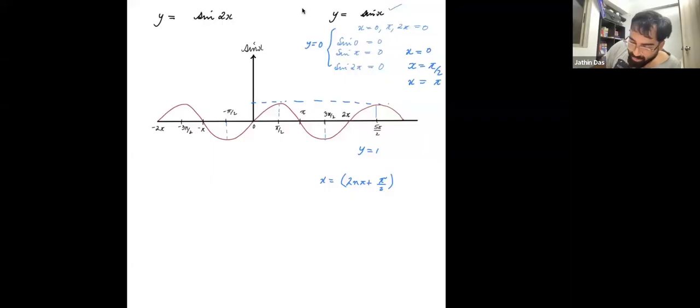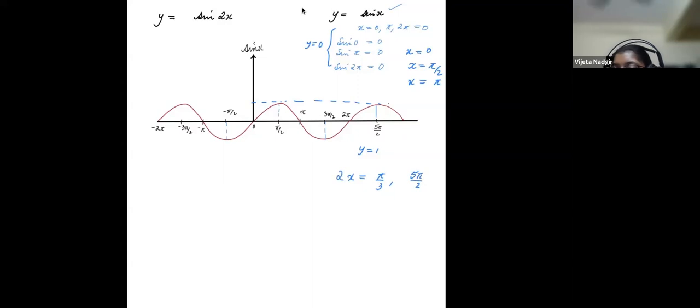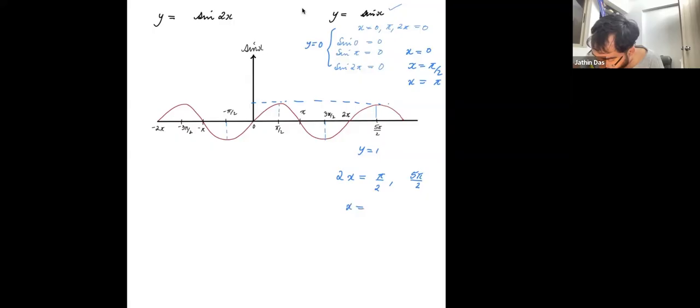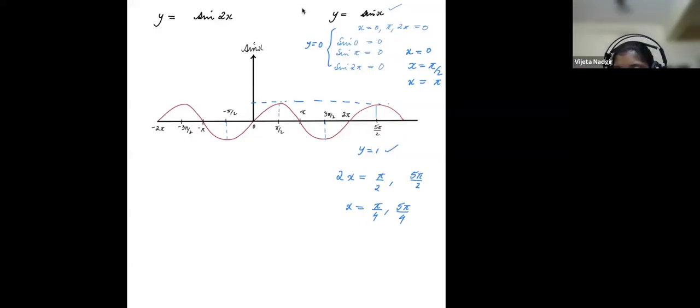Now here I'll take the exact values only. When it was getting 1, x is equal to pi by 2, then you have 5 pi by 2 and so on. Correct? So at x is equal to pi by 4 and 5 pi by 4, what will happen? Y will become 1. Which one? Sin 2x.